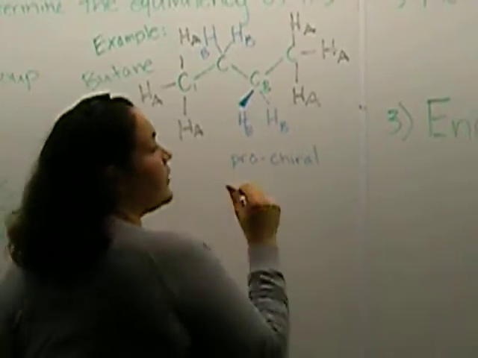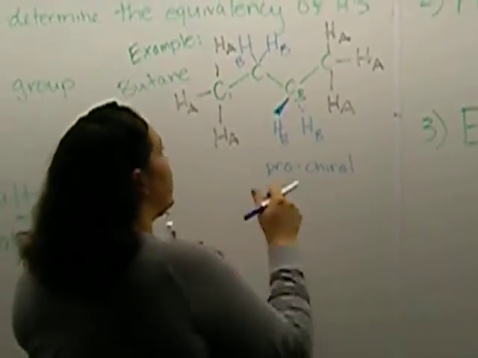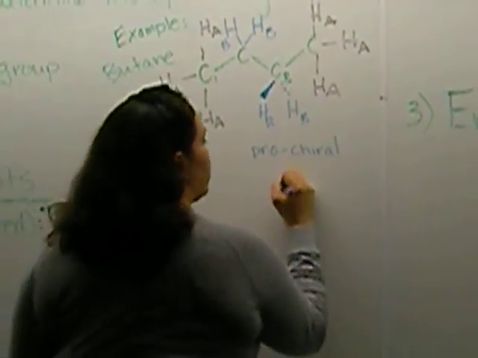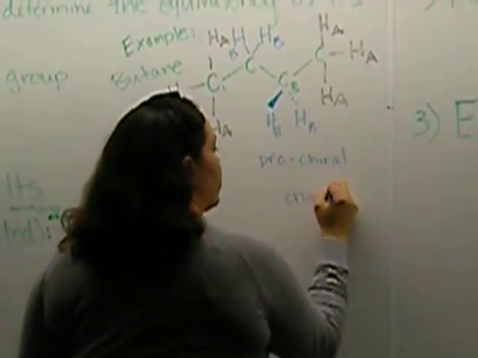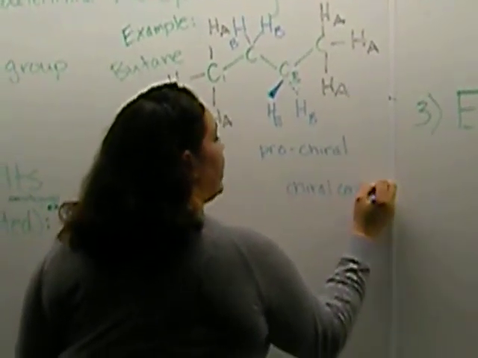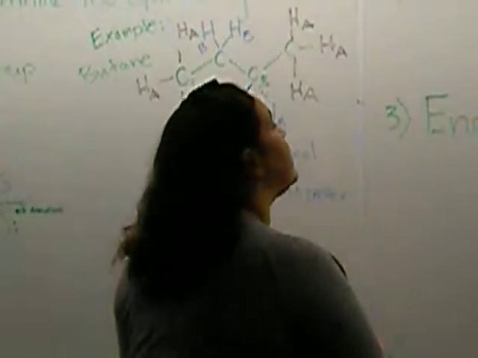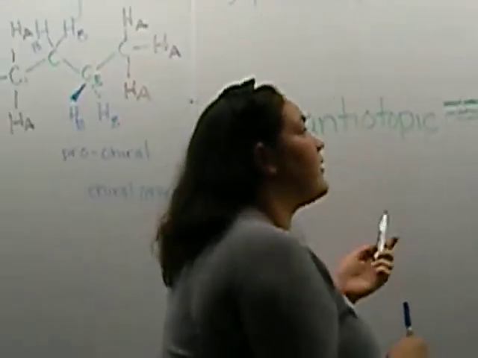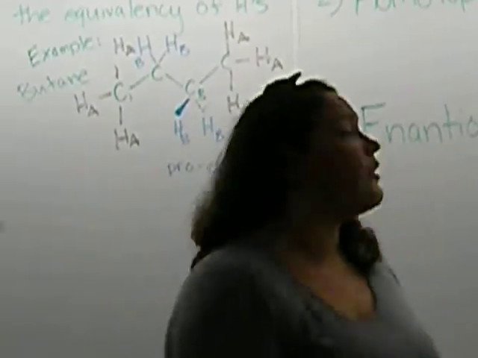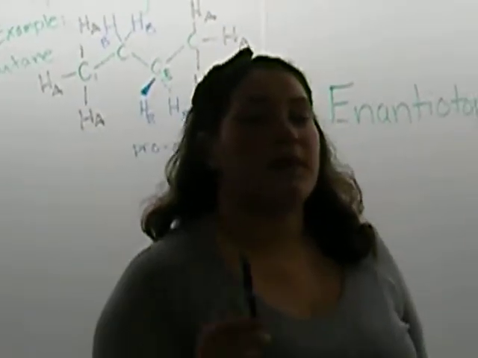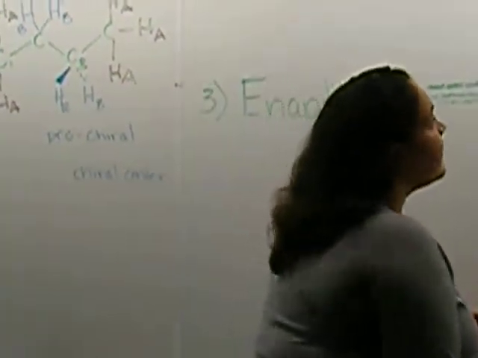And when you substitute an X onto either of them, they would yield a chiral center, making enantiomers. Therefore, they're not electronically equivalent, but they still will have the same absorption on an NMR spectrum.